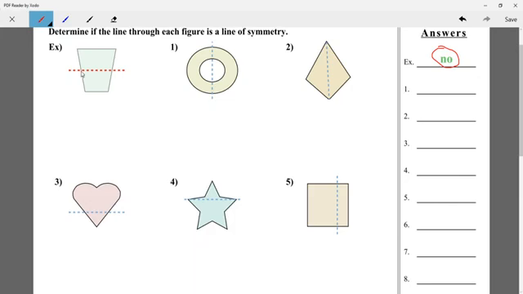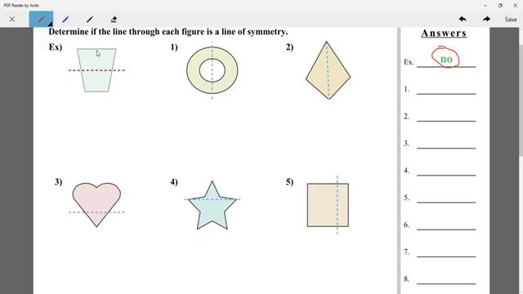If this were a line of symmetry, the shape, at least if it was mirroring the top, would look more like that, right? And if it was mirroring the bottom, it would look, these are not exact obviously, but it would look more like that.